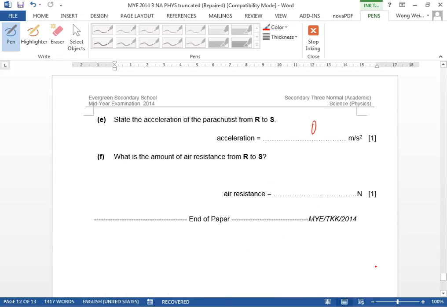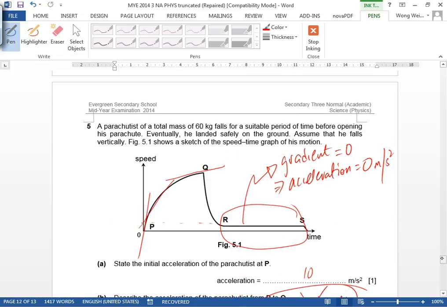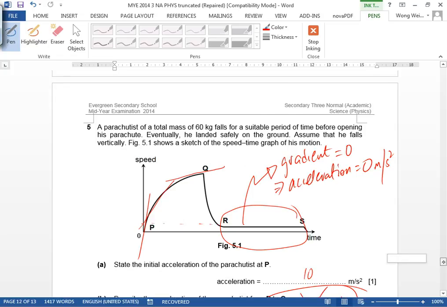Okay, so what is the amount of air resistance? When they say amount, they are referring to the magnitude, and that will be the weight of the parachutist. What is his weight? Really, his weight is 60? Is that his weight or is that his mass? Mass, that's his mass. So what is his weight?